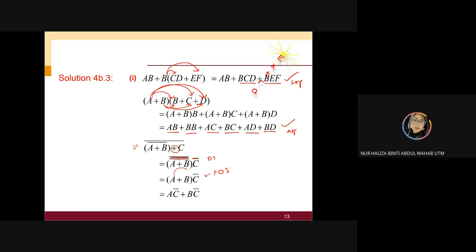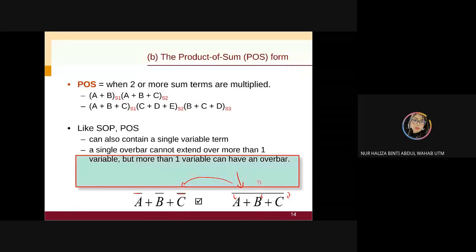You're going to multiply A with C bar, you get this. B with C bar, you get this. Now it is SOP. So any question for this? No question? I'm going to directly go to next.